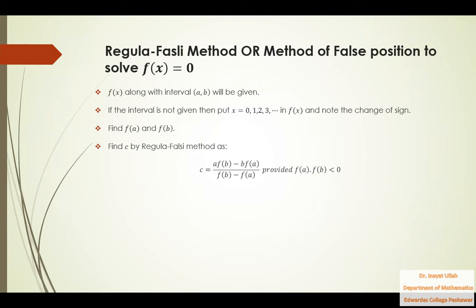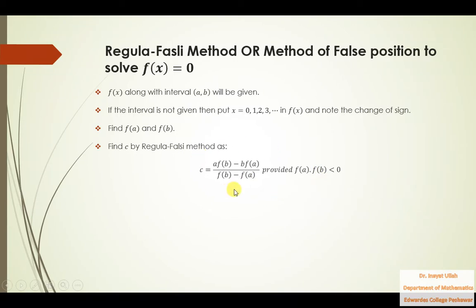We see that this c and the c in the secant method are the same, but this restriction, that f of a into f of b will be less than 0, is in the regula falsi method.